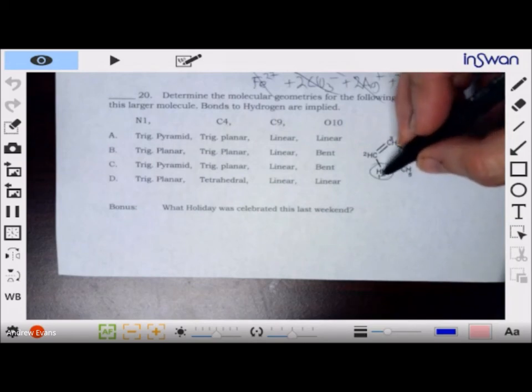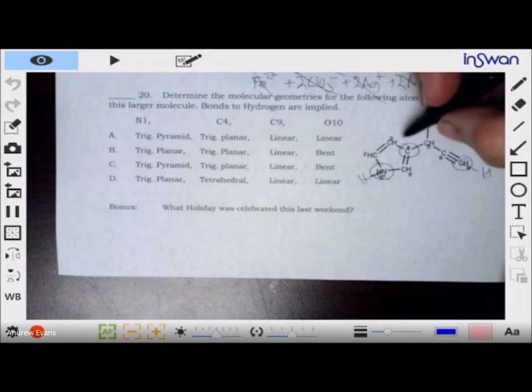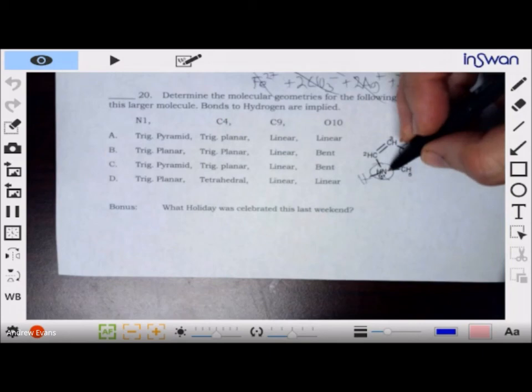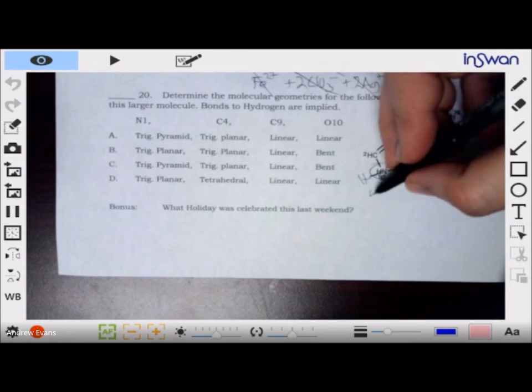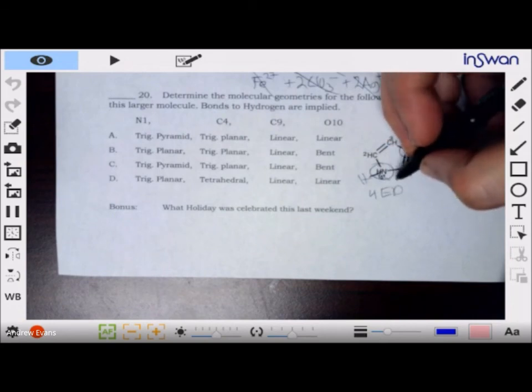So remember the lone pair, and this is an H bond. Starting with this guy, there's 1, 2, 3 bonds, one lone pair. That's 4 electron domains, one lone pair, that's trigonal pyramidal.